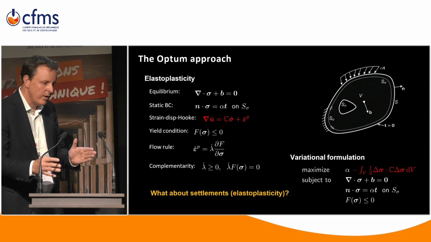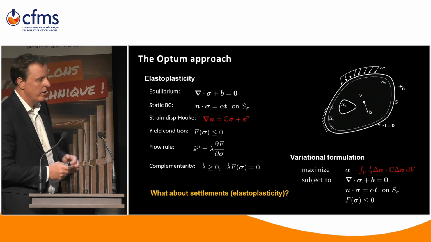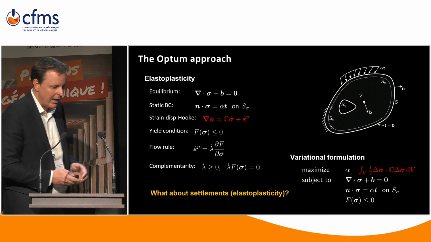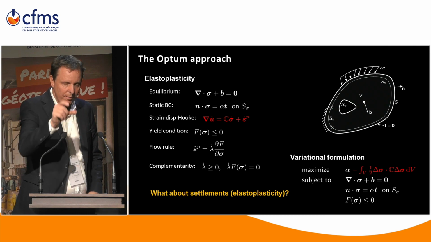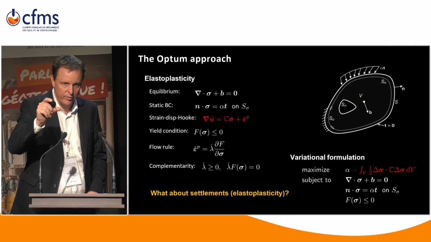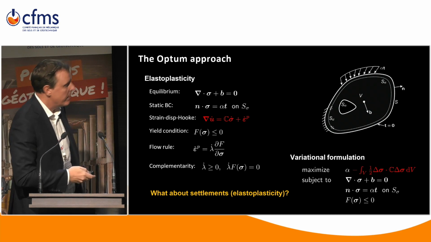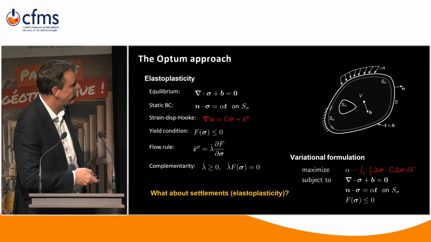So you add something to your optimization problem, and then you reproduce the governing equations that you want, in this case of elastoplasticity. And when you do step-by-step analysis, you have to solve an optimization problem for each load step. That can be done, and that's included in the Optim programs as well. That's a standard part of the packages.